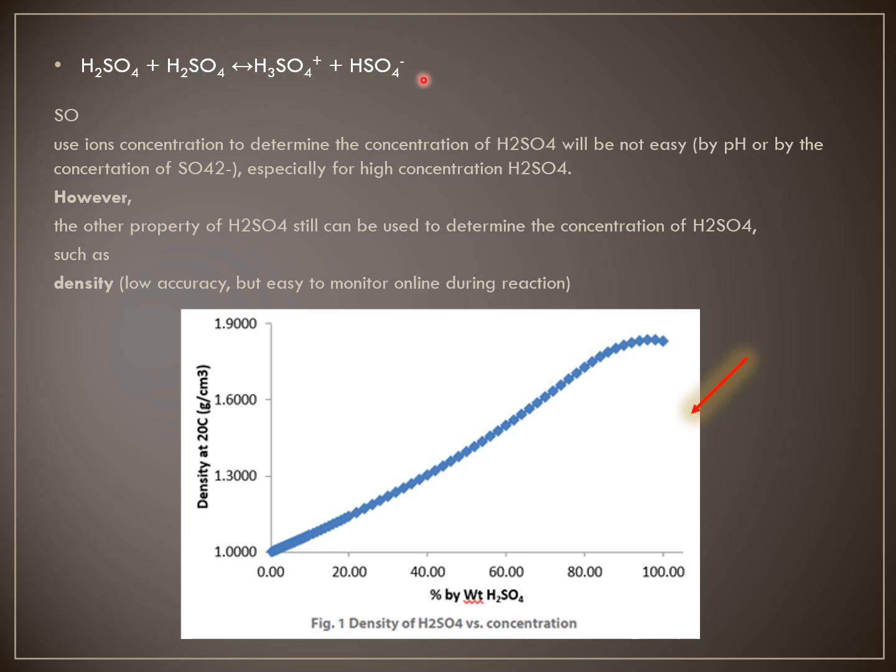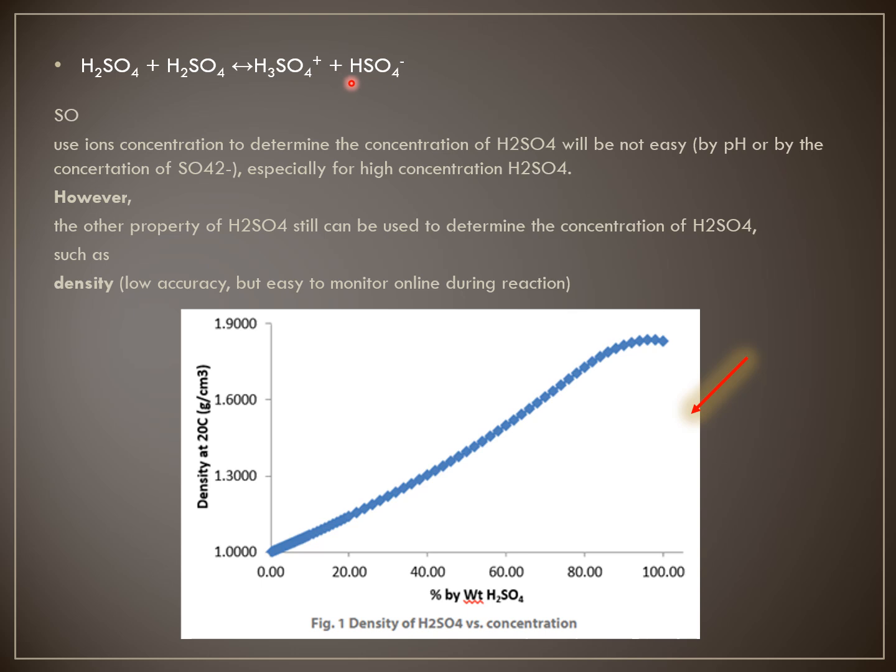It is further proof that the relationship between the pH value and the concentration of sulfuric acid is not suitable, because pH is not a good indicator for sulfuric acid.